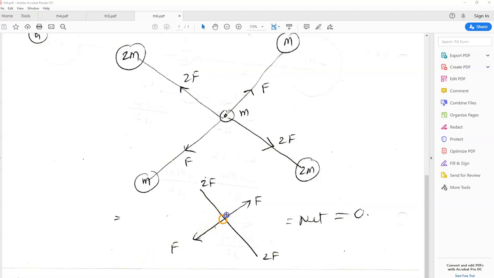There's a mass here, and this is the force 2F because of the mass 2m, and 2F because of this 2m, and you will have F because of this and one more F because of this. These two forces are equal in magnitude, opposite direction, they cancel away. These two forces are equal in magnitude, opposite direction, they cancel away. So the net force acting on this mass is 0.